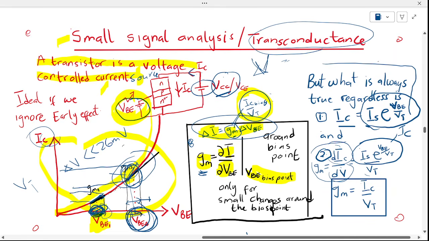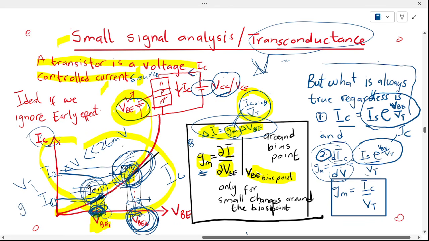So we can clearly see that the transconductance with a higher VBE is greater than the transconductance with a lower VBE, and that makes sense if the transconductance is also a function of IC. So the higher VBE corresponds to a bigger value of IC, so IC2, and the VBE1 corresponds to a smaller value of IC, which is IC1.